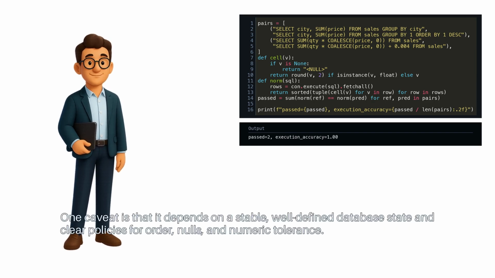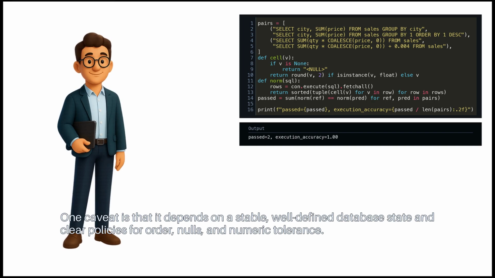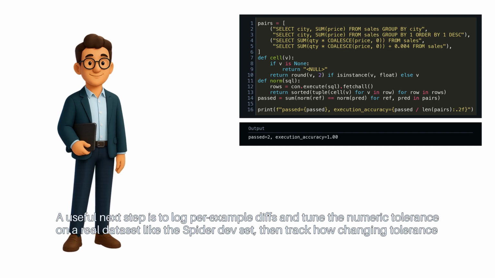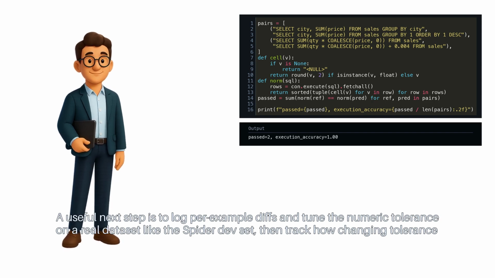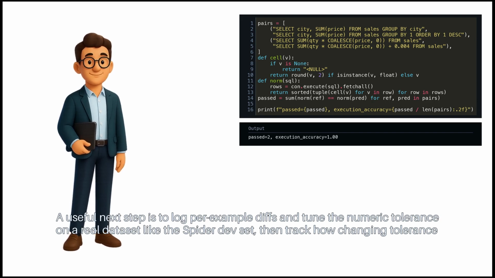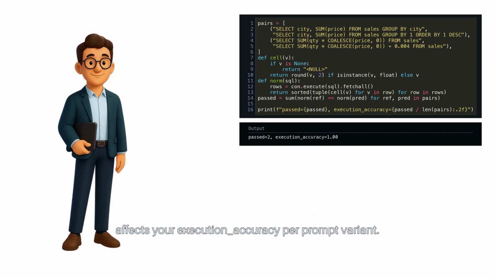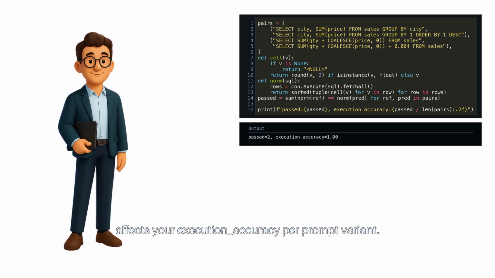One caveat is that it depends on a stable, well-defined database state and clear policies for order, nulls, and numeric tolerance. A useful next step is to log per-example diffs and tune the numeric tolerance on a real dataset like the Spider dev set. Then track how changing tolerance affects your execution accuracy per prompt variant.